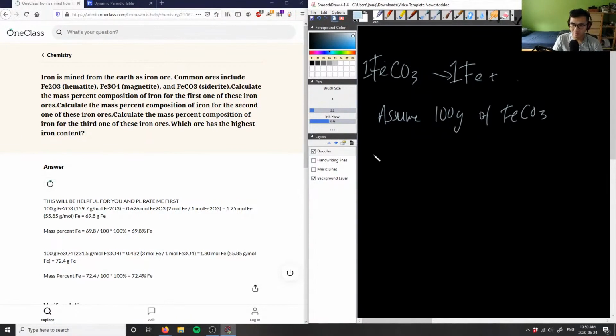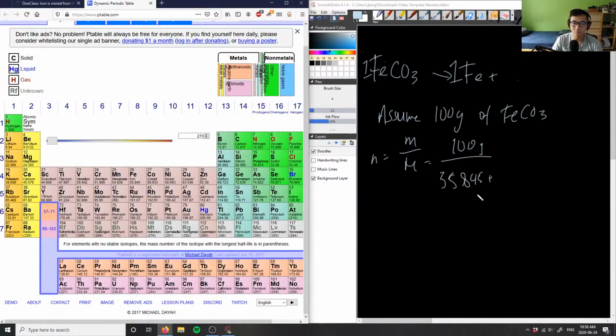So we have moles is going to be mass over molar mass. So we have 100 grams divided by our molar mass of this guy. So it's going to be 55.845 plus the molar mass of carbon, which is 12.011, plus 3 oxygen, so 3 times 15.999. Plug this all into your calculator. Yeah, this is a 55.845.